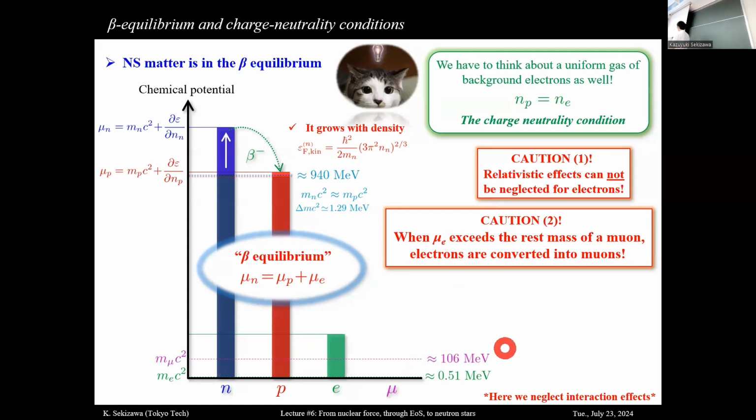It is actually about 106 MeV, so it is relatively light. And when electrons' chemical potential exceeds this rest mass of muon, then it can decay. By converting electrons to mu minus muons, we can reduce the chemical potential. So in this way, a new particle emerges.